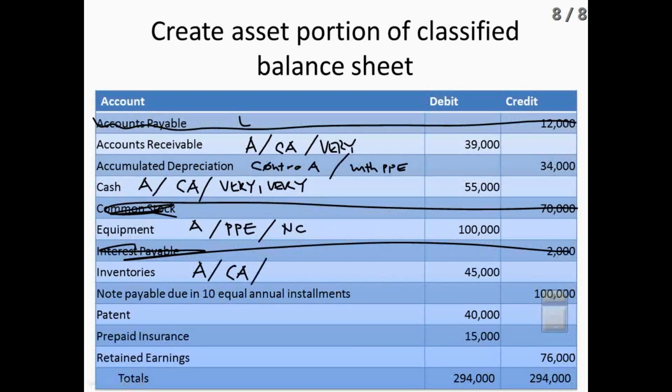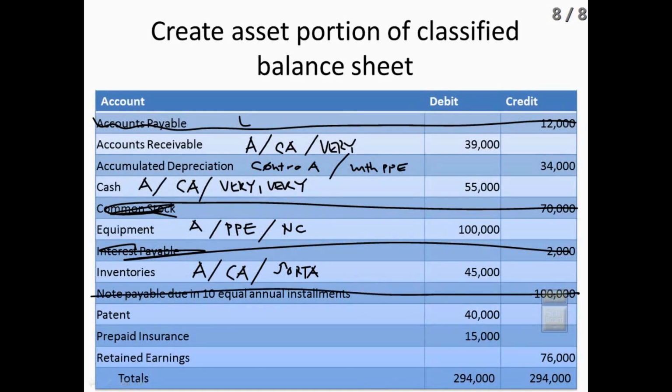We better sell our inventory within a year if we hope to have any plan of success. How liquid? More or less than accounts receivable? Less than accounts receivable, so sort of liquid, but not very, very. Notes payable, due in 10 equal installments.